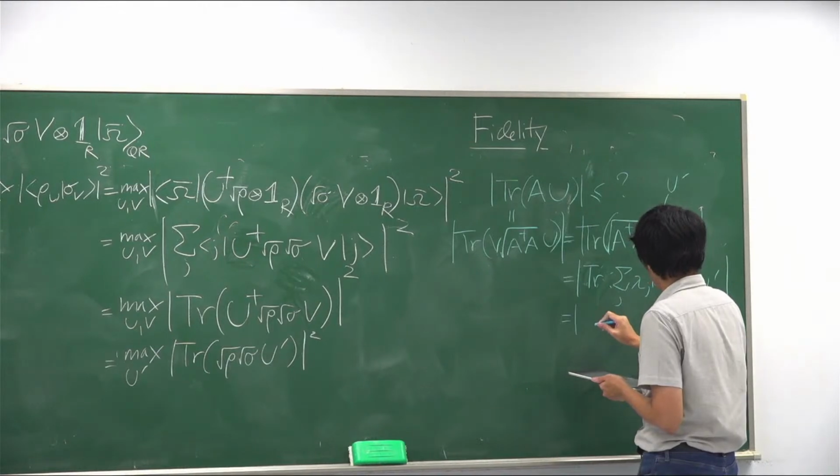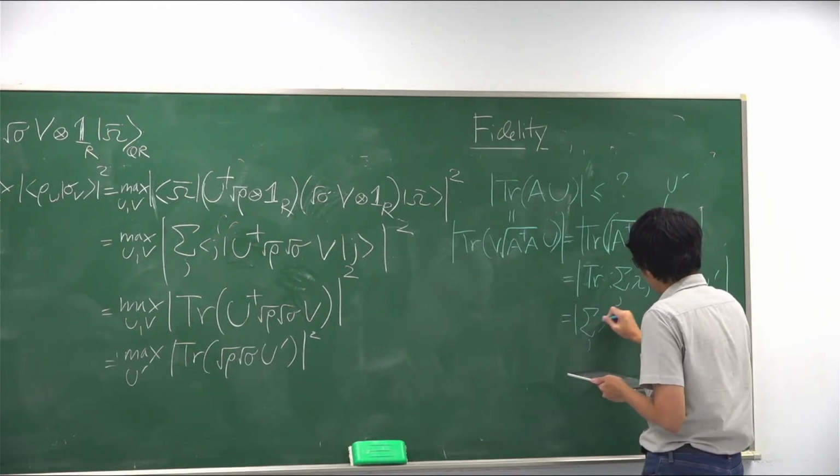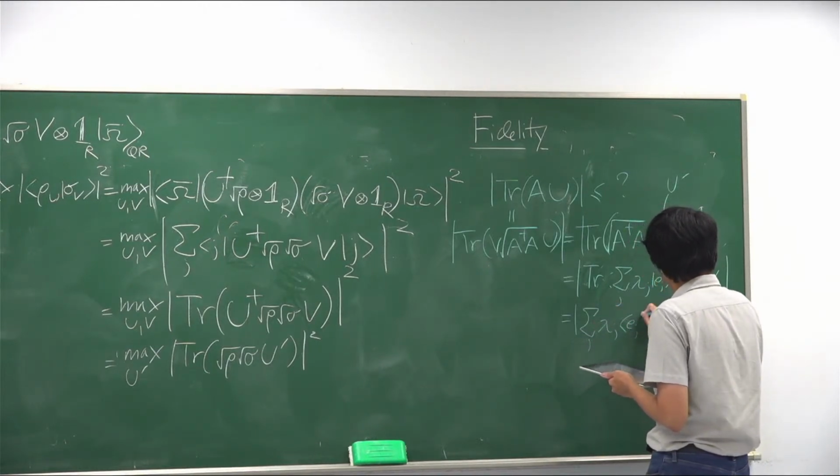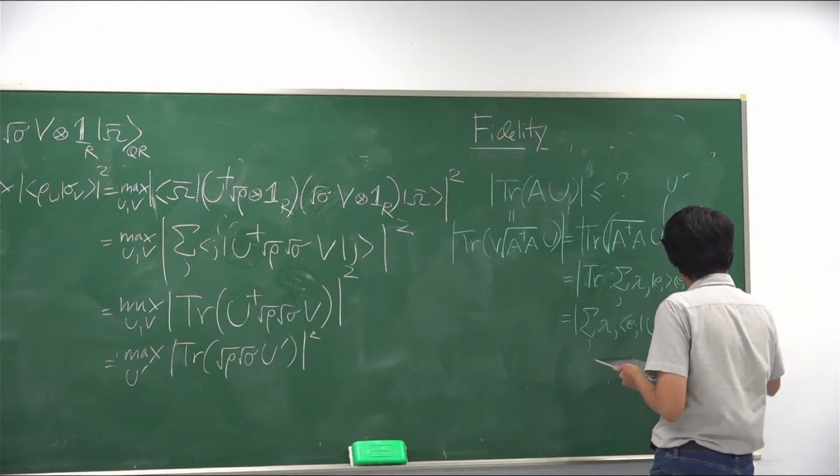And so I would have the sum over j of lambda j, times the inner product of Ej with U prime Ej.